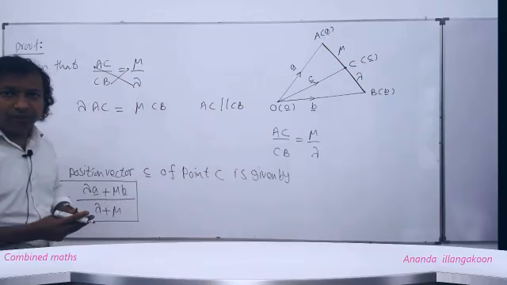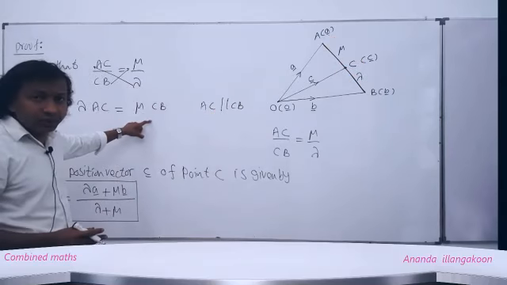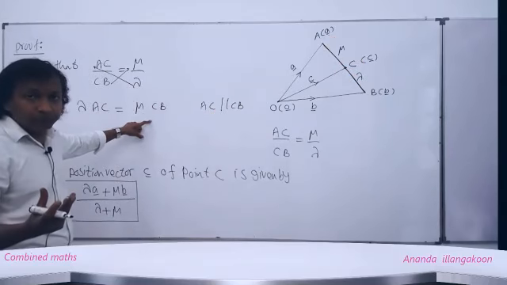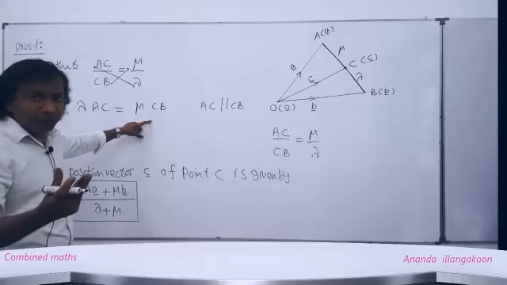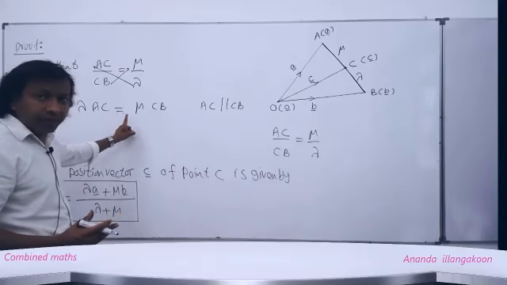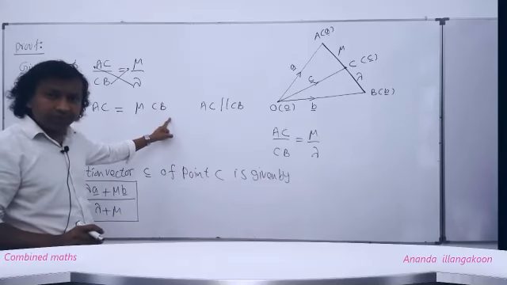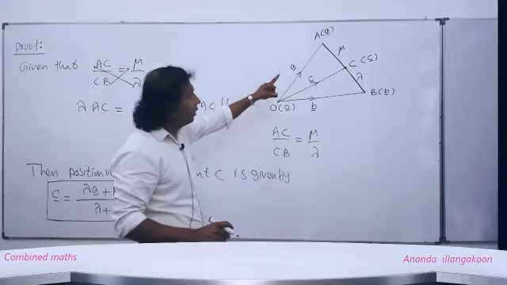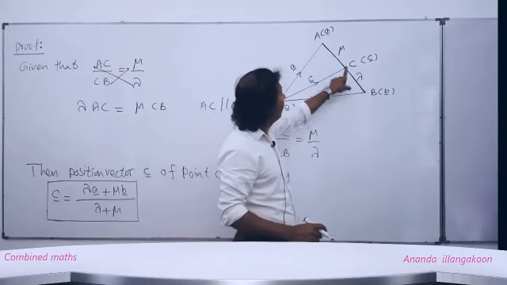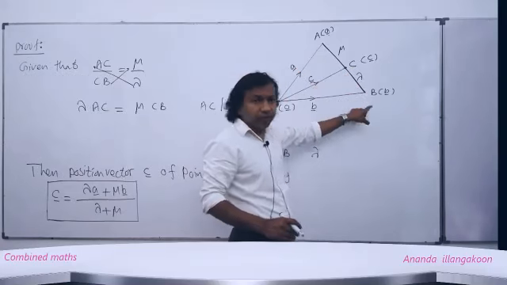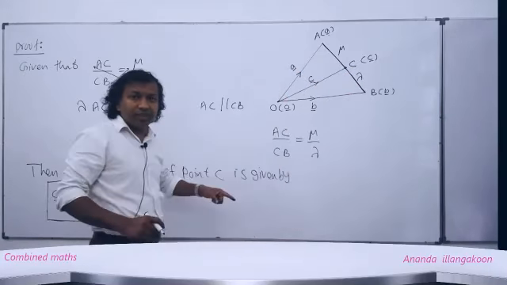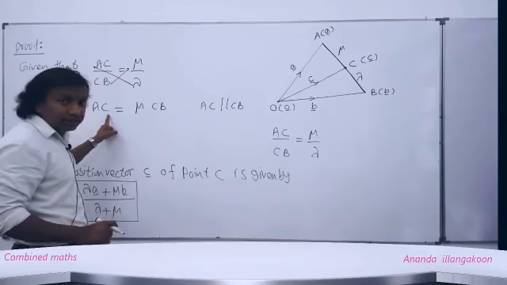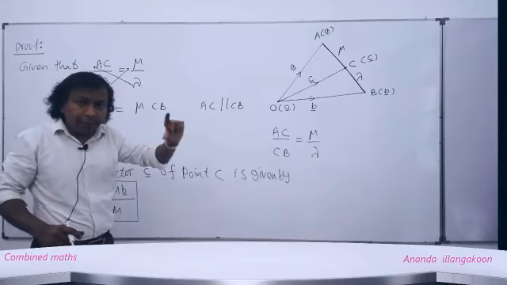Okay. Now, this contains already two properties. What is the first property? Left hand side length and right hand side length being equal. Second one, by the diagram, AC, CB are on the same line. Therefore, the left hand side line segment and the right hand side line segment are parallel to each other.